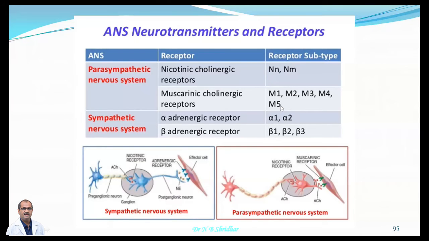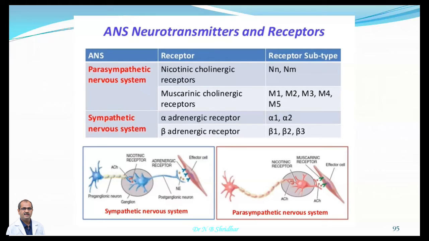These are important. Of course, there may be M6 or M7 maybe, but the physiologically significant receptors are M1, M2, M3, and the pharmacologically significant ones are only M1 to M3, whereas M4 and M5 are not yet made pharmacological targets.